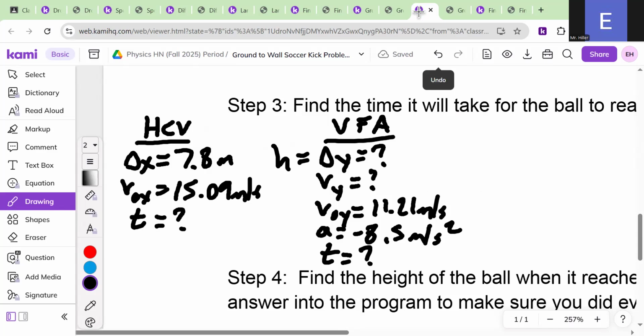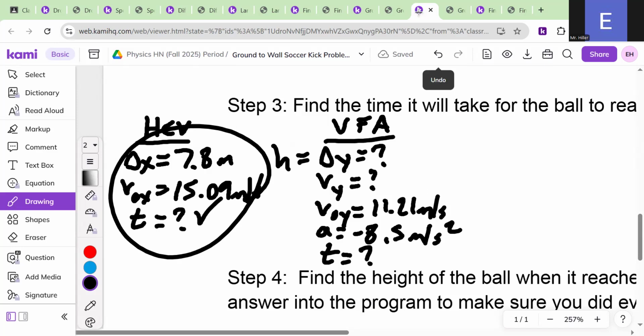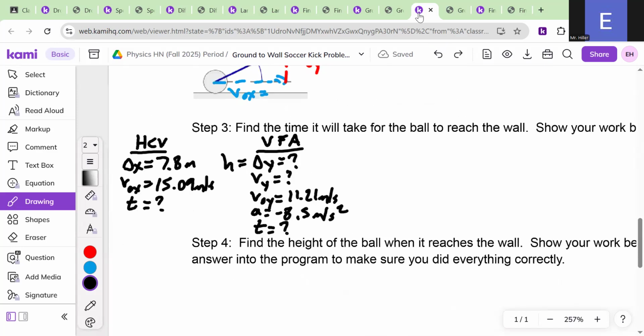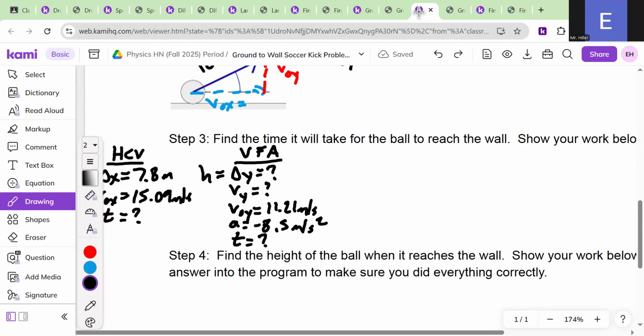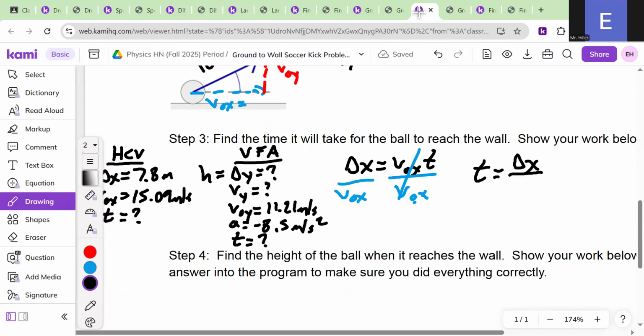So get this, if I have displacement and I have horizontal velocity, I can find time this way. I can actually use a different way of finding time. So delta x equals v naught x times t, divide by v naught x. You get time by itself. So delta x over v naught x would be 7.8 meters, the wall is away from the ball, divided by your horizontal velocity initially.